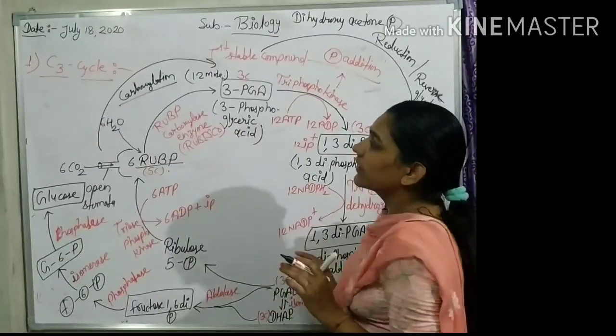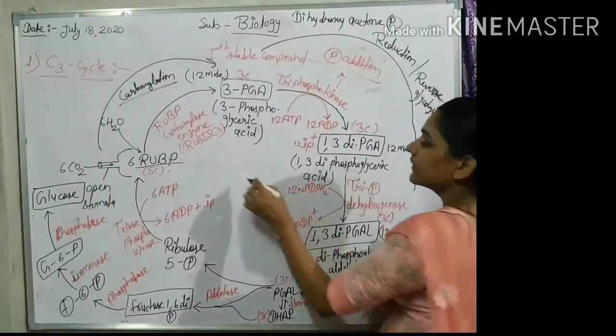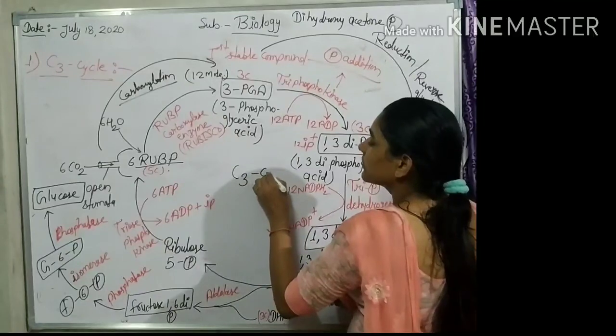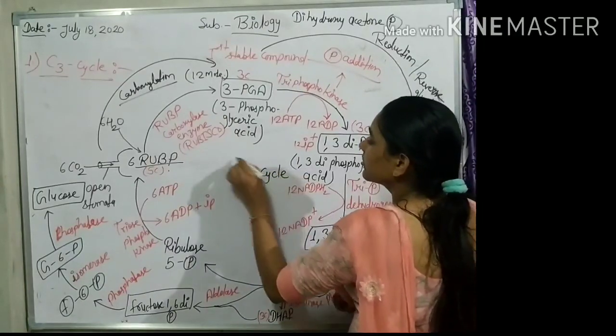So there are 3 phases completed and formation of hexose.